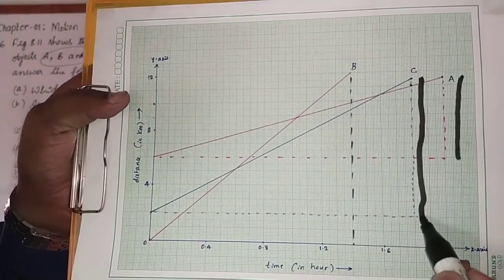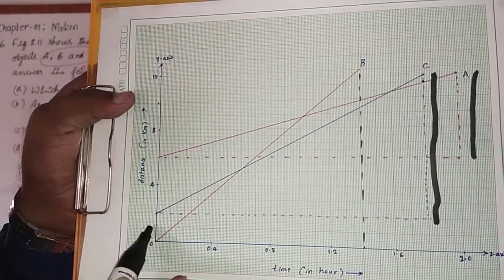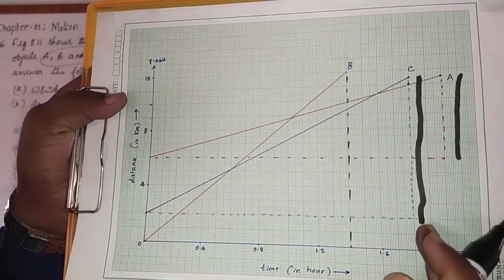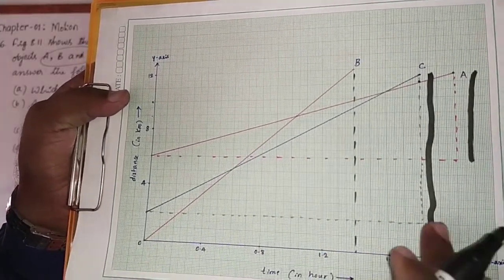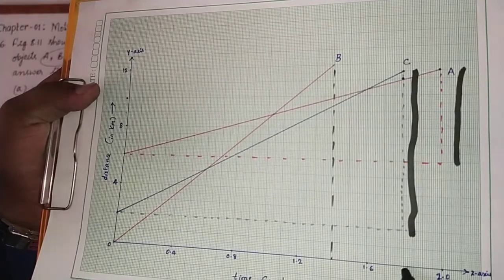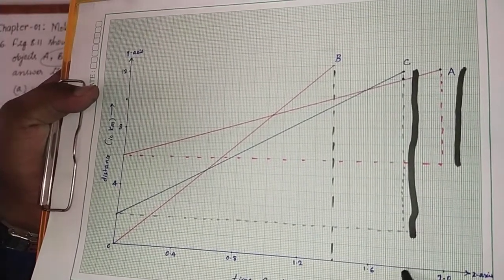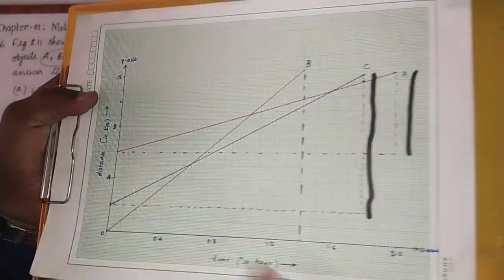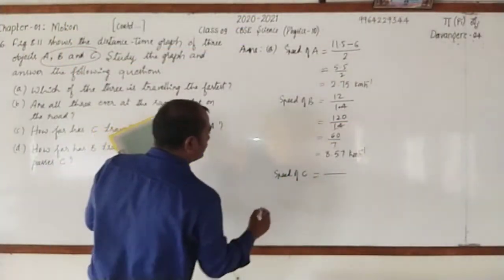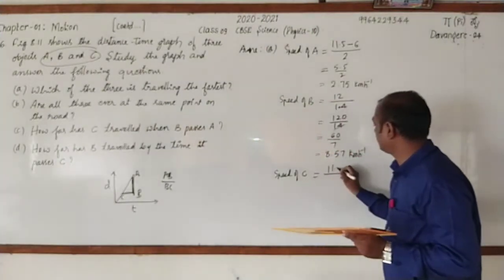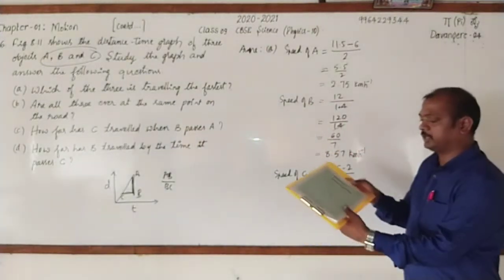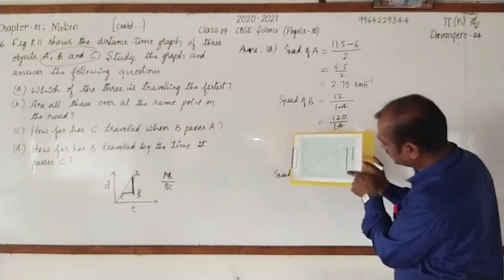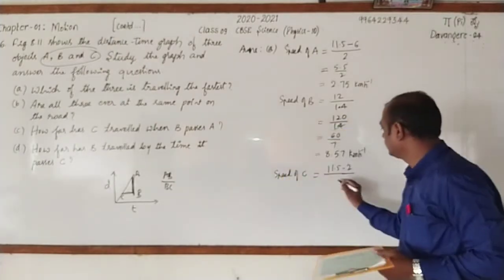And up to here it is 1, 2. So 11.5 minus 2. Clear? Then from here to here, how much is it? 1.7, 1.8. So 11.5 minus 2, divided by the horizontal distance from here to here, which is 1.8.